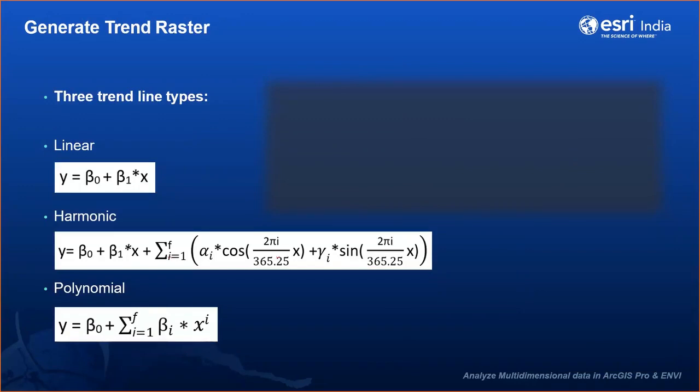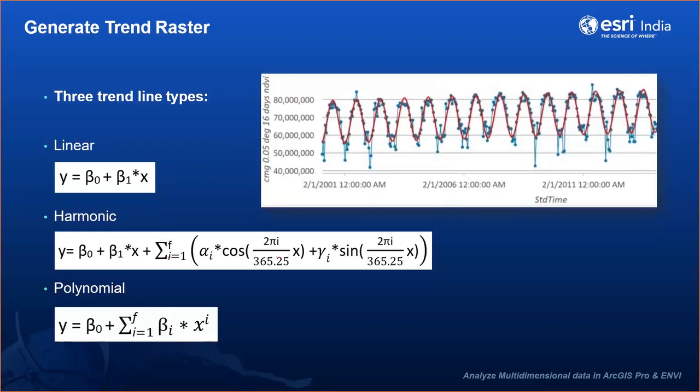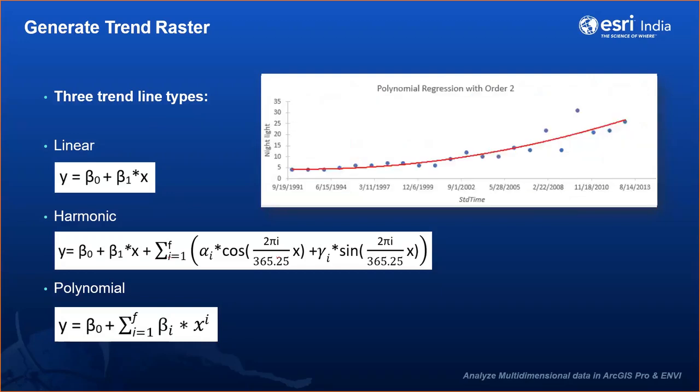The linear trend line fits the pixel values for a variable along a linear trend line, as you can see here. Then we have harmonic, which fits the pixel values of a variable along harmonic trend lines. You can see the x and y axes, where the axes show time and the NDVI at 16-day intervals, and how the trend line has fit. Next, we have polynomial. You can see how it fits the pixel values for a variable along a second-order polynomial trend line.